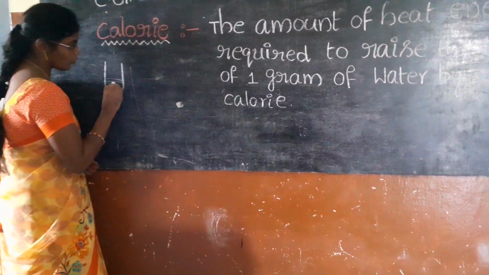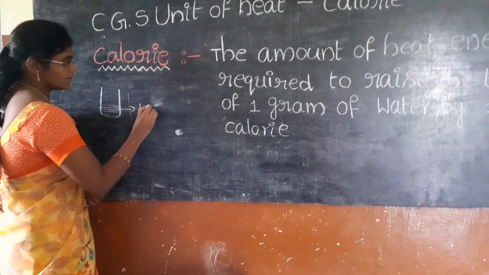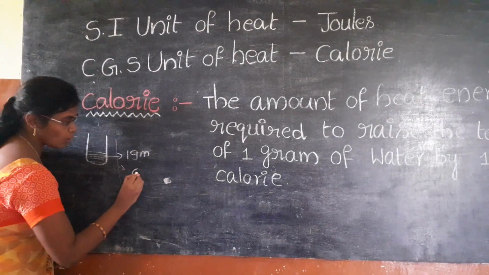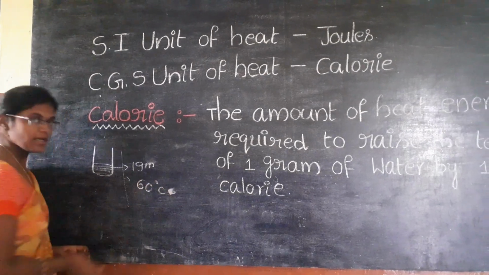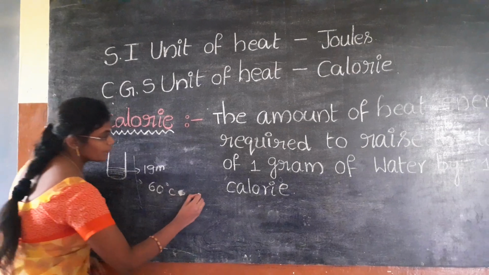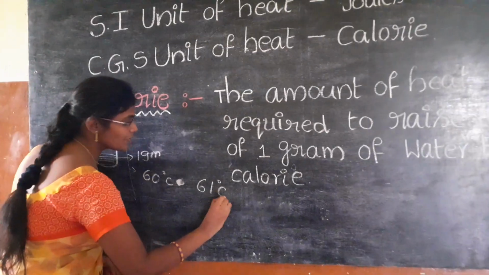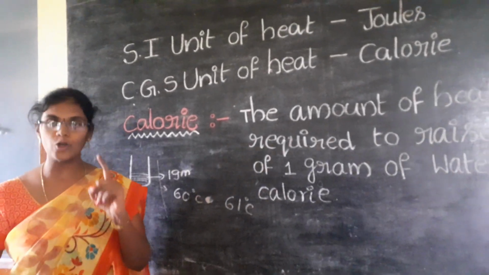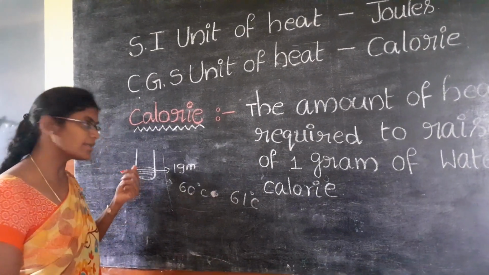For example, take 1 gram of water in one beaker and assume the temperature of this water is 60 degrees Celsius. But now you want to increase the temperature of this water from 60 degrees to 61 degrees Celsius. For raising temperature, we have one and only one option, that is supplying heat.